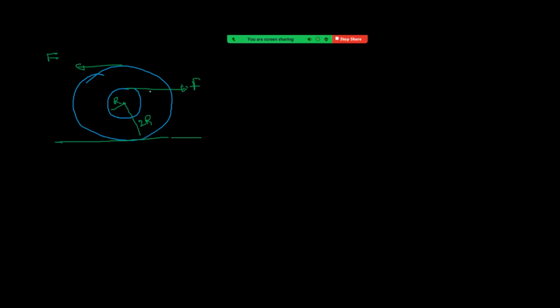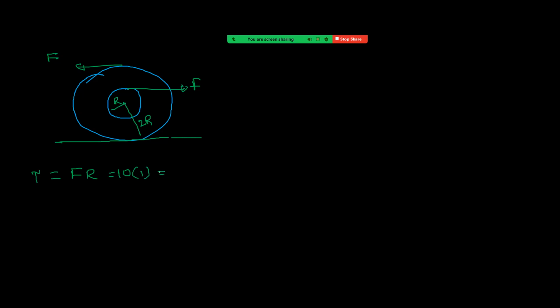F value is 10. So the torque because of this is 10 into R, because of this 10 into 2R, right? So F into R, F into 2R, net value F into R. Because of this force, the torque is clockwise. Because of this force, the torque is anti-clockwise. So net value, this is F into R, this is F into 2R. Net value F into R. F value is 10, R value is 1.